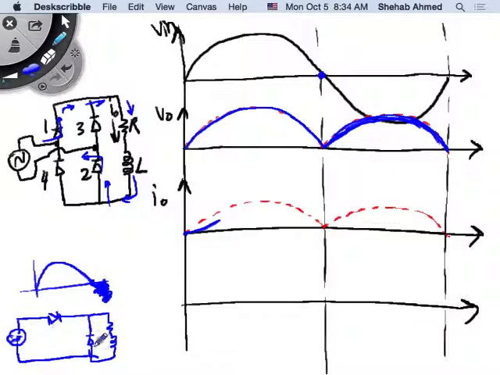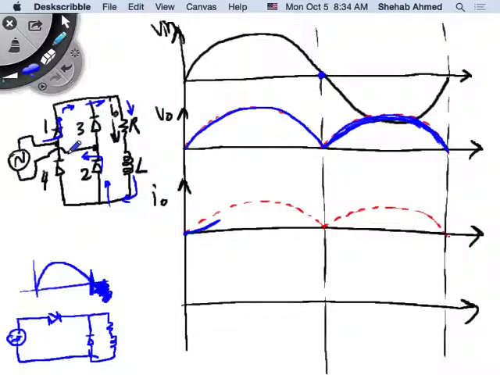As soon as the voltage tried to flip across the RL circuit right here, the freewheeling diode picked up the current. And that's what's happening with 3 and 4 here. Diodes 1 and 2 are conducting, and as soon as the voltage tries to flip polarity, 3 and 4 pick up.